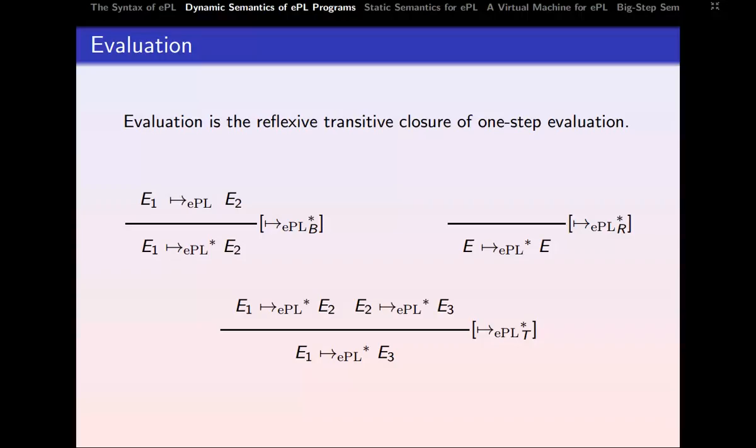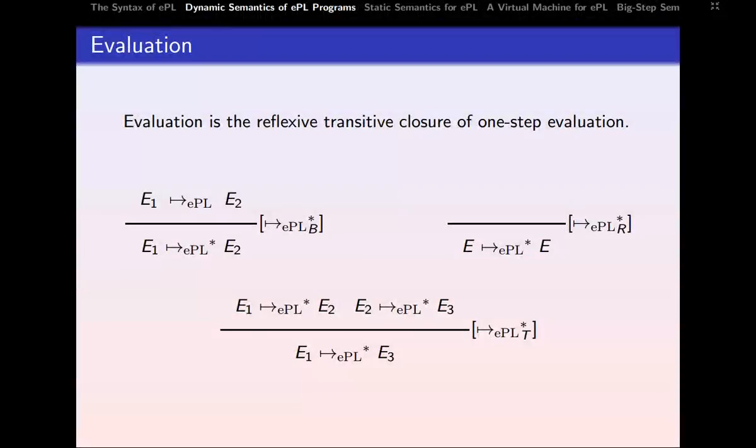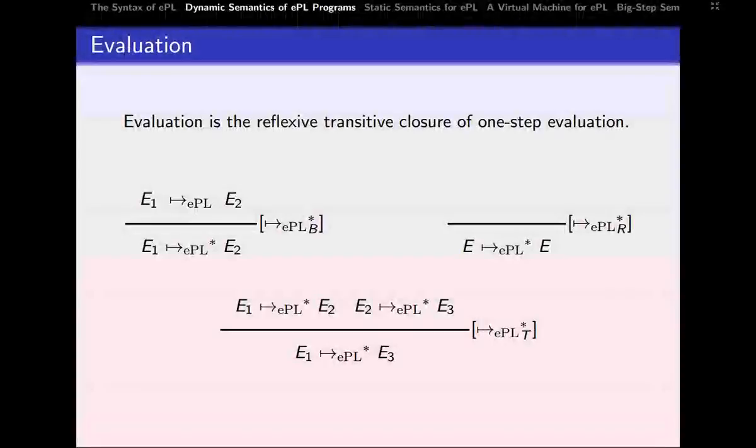All right, the full evaluation relation, which is the reflexive and transitive closure of the one-step evaluation, right? So you know the notion of closure, right? A relation that is closed, right? The result of any operation is part of the relation as well.